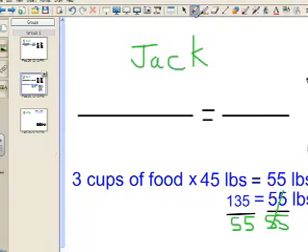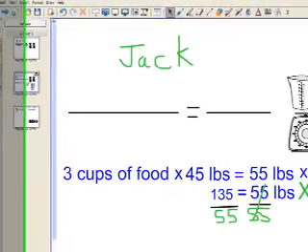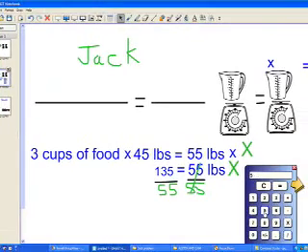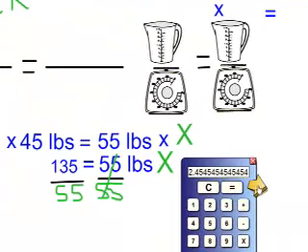We're going to take 135 and divide that by 55. That comes out to a repeating decimal.